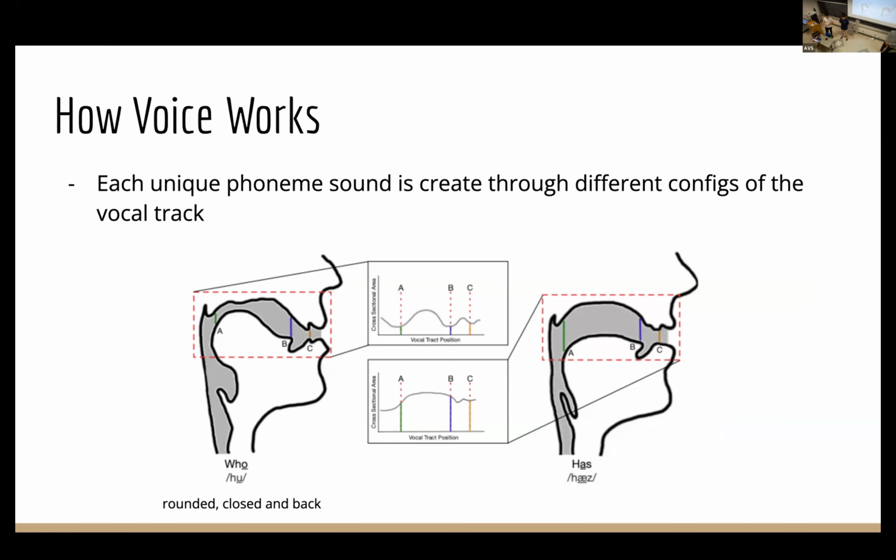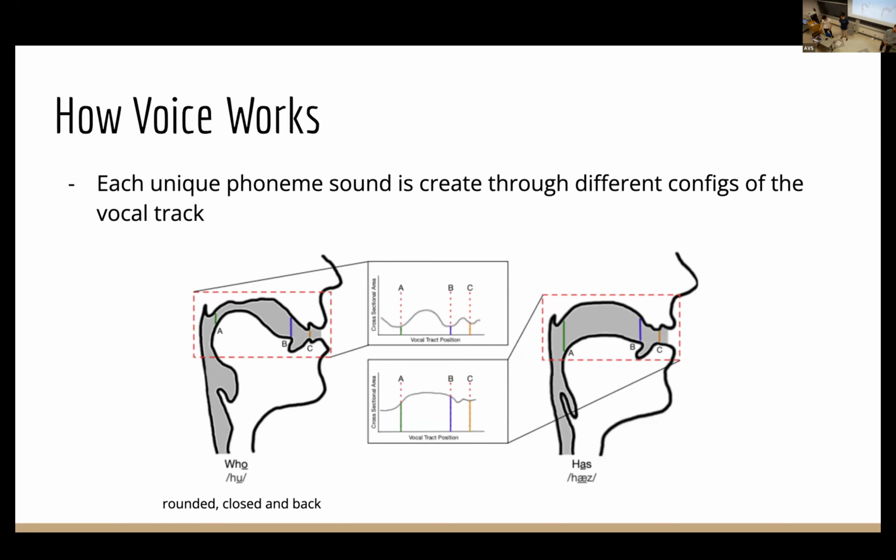That means your lips are round, your jaw is lifted, and your tongue is retracted. That's why it's called round, close, and back. When we say this phoneme, everyone has a very similar anatomy in their vocal tract.